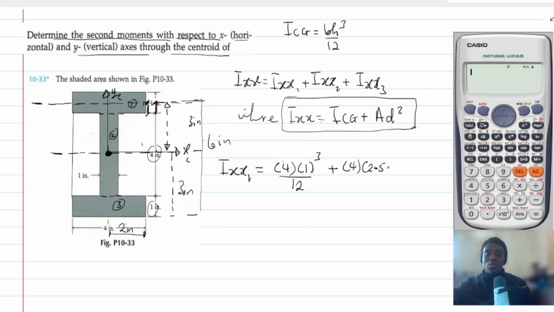So it's going to be 2.5 squared. Right now, we are done with the first part. It's going to be 4 multiplied by 1 cubed, and 1 cubed is the same as 1, divided by 12, plus 4 multiplied by 2.5 all squared. And what is this?